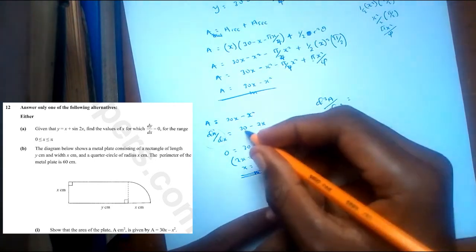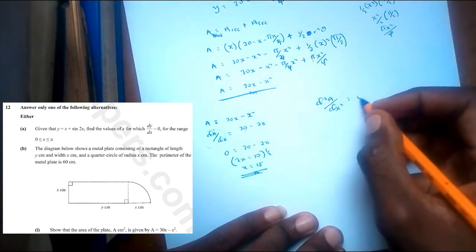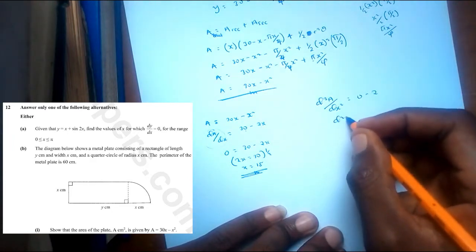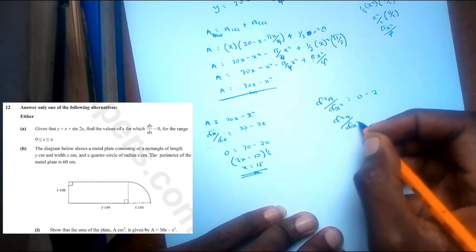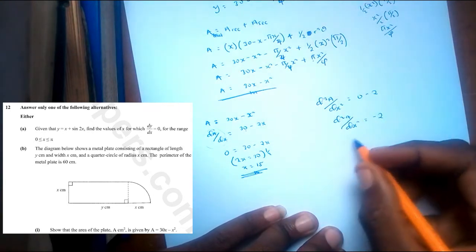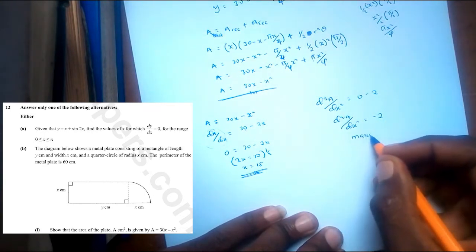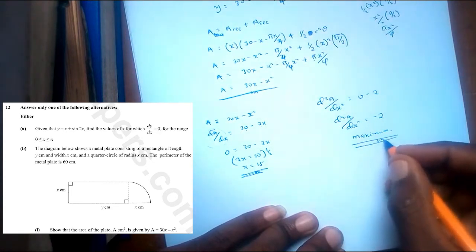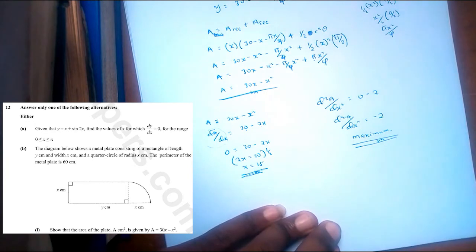We differentiate this equation here, that will be 0 minus 2. So d squared A over dx squared is equal to negative 2. In short, it is a maximum at that point.